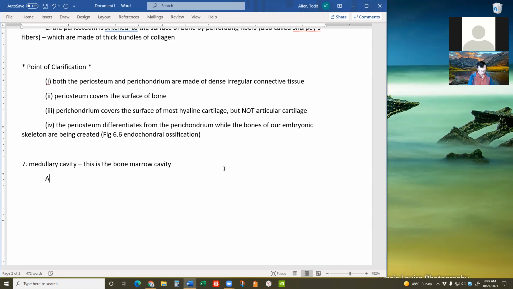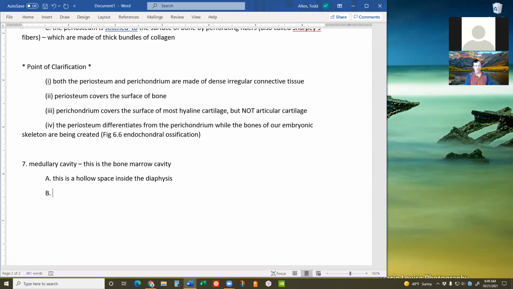Realize that this is a hollow space inside the diaphysis. And remember, what we're looking at in figure 6.1 is a long bone.